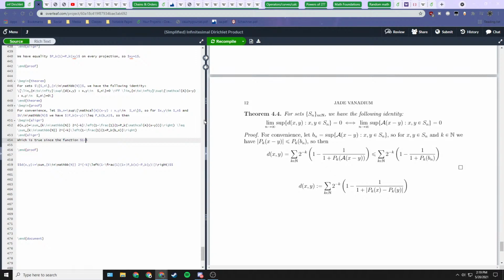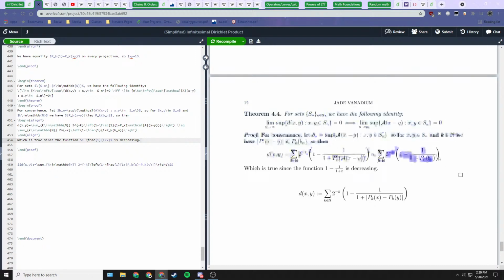The function 1 minus 1 over 1 plus x is decreasing, so we can make this replacement here. And this gives us an upper bound. So if we have our b sub n tending to 0, this whole summation will tend to 0.